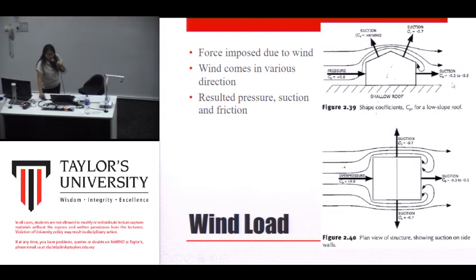That's the reason why sometimes when we have a storm or strong winds, you will see the roof tends to fly away. It is not because of the overhang part. It's because of the suction force. And sadly to say, in Malaysia, the roof is never properly designed for the connection part.